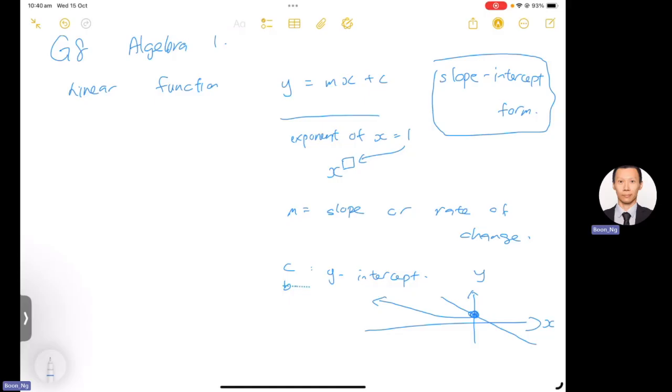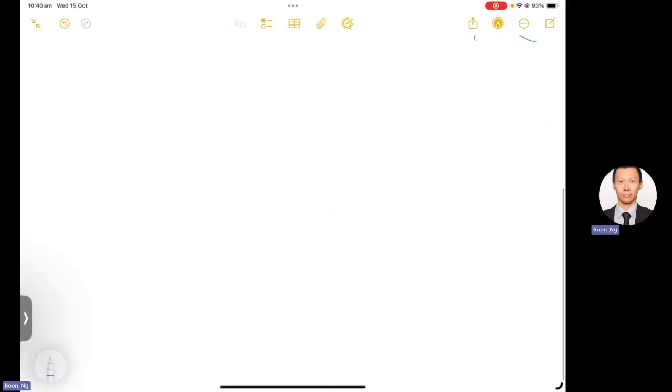So let's get into it. Suppose we have one function, 2x plus 8y equal 4. How do we put it in slope-intercept form? Basically we need to rearrange it to y equal mx plus c. y is what we want, so we keep y here and move x to the other side.